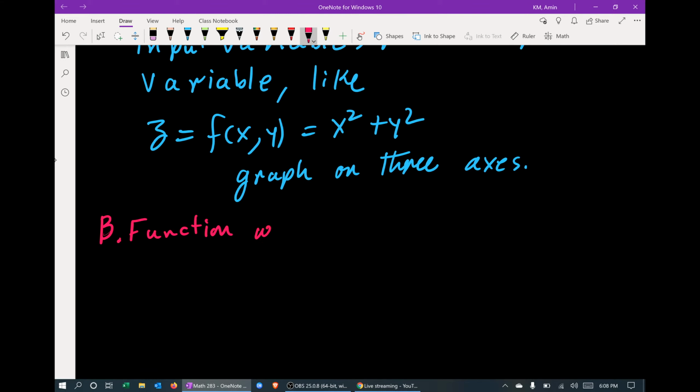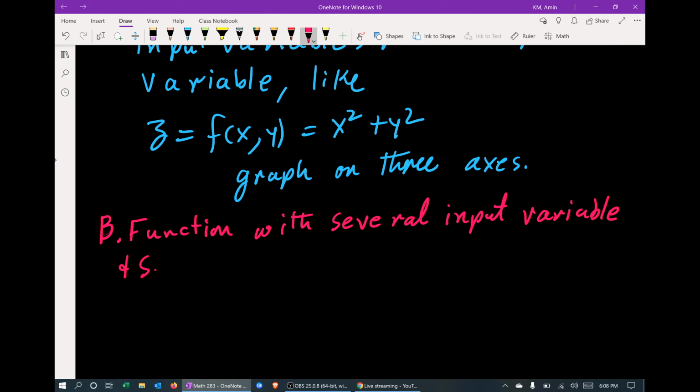Functions with several input variables and several output variables.